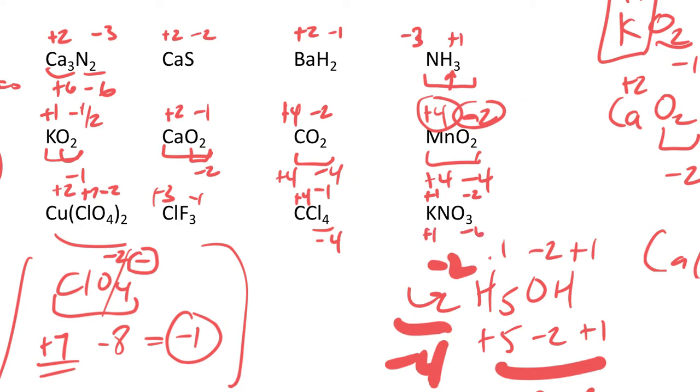So +1 +5 -6 goes to neutral, so +5. So we just have to know which atoms we start with. The atoms we start with were on the previous page. Hydrogen +1, metals positive, nonmetals -1, oxygen usually -2 with its exceptions, fluorine -1 always, other halogens usually -1.